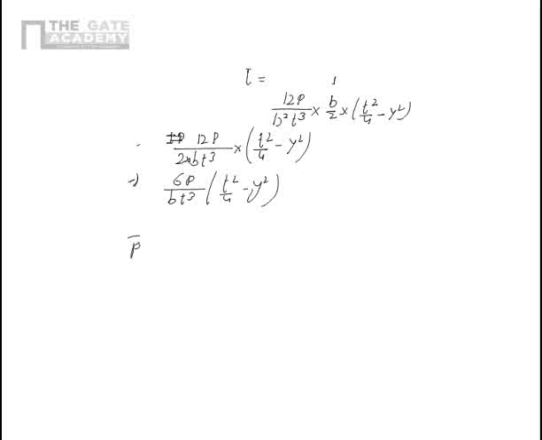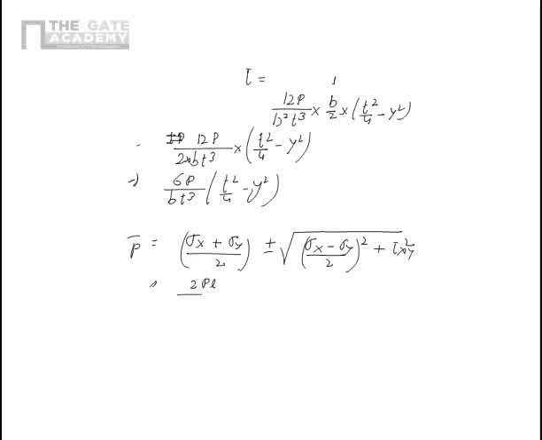Now principal stress is given by sigma x plus sigma y by 2 plus minus square root of sigma x minus sigma y by 2 square plus tau xy square. Sigma x, from the previous equation, is 12PL upon bt cube into y.